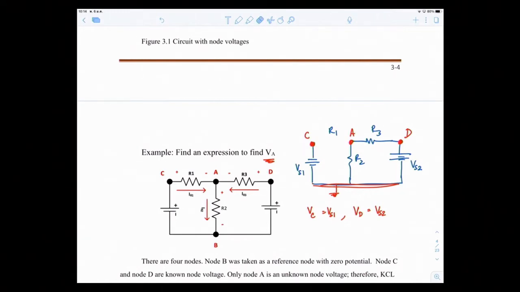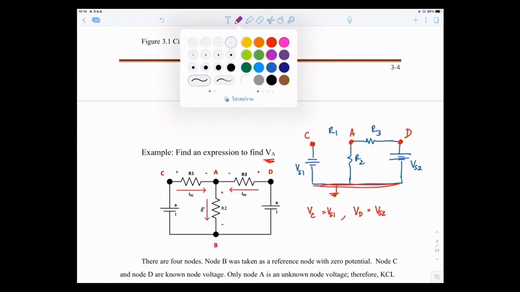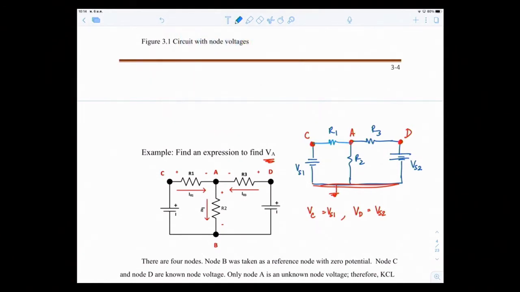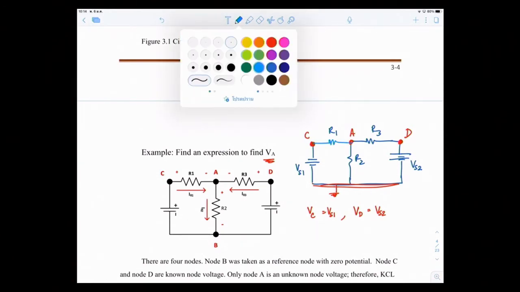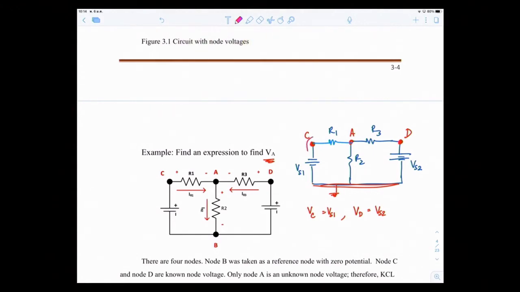When there is a current flow, let's call it IR1, there's a voltage drop across R1. I'm going to call it VR1. There's another current that comes up from the positive right here.